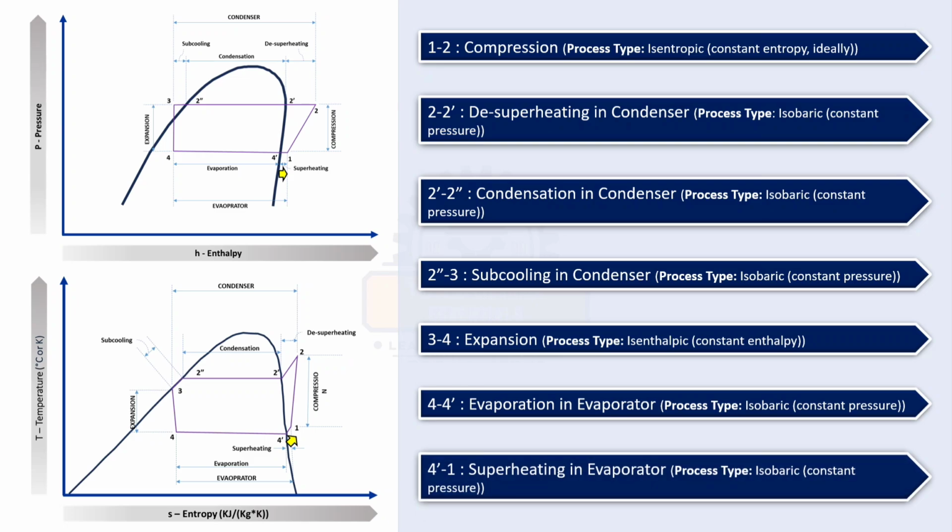As I explained in the compressor, in order to avoid the liquid entry inside the compressor, this is an important process which is carried out either in the evaporator or in a suction line heat exchanger. That is an additional component used in a refrigeration system on a need basis. So basically the refrigerant is superheated and assured that 100% vapor refrigerant enters into the compressor in order to increase the life of the compressor.